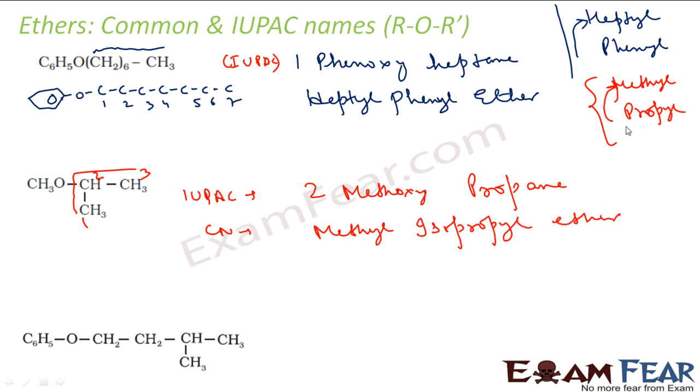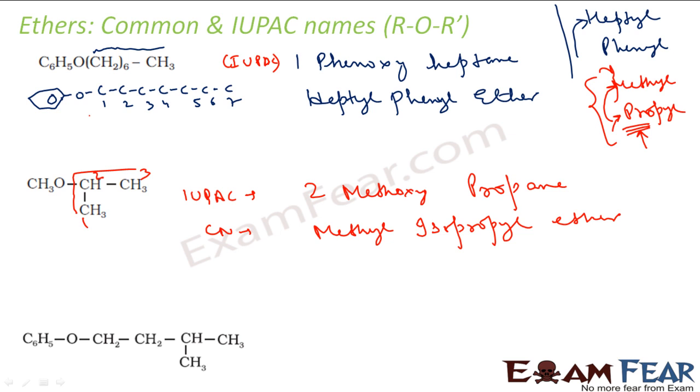Please note, here I didn't use isopropyl, I use only propyl, because when you talk about methyl propyl, you don't take the prefix di, tri, n, iso. All those things you don't take. You take only into consideration methyl, propyl, butyl, things like that.